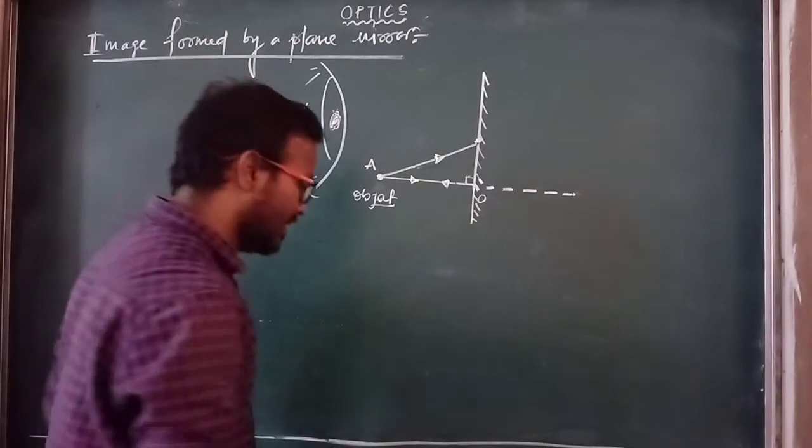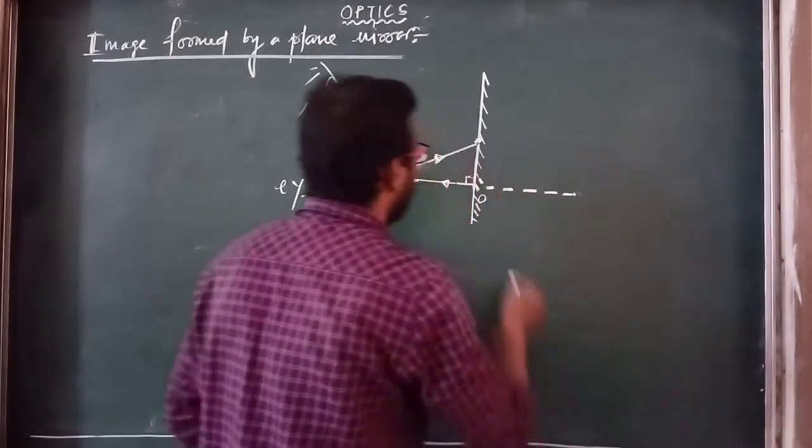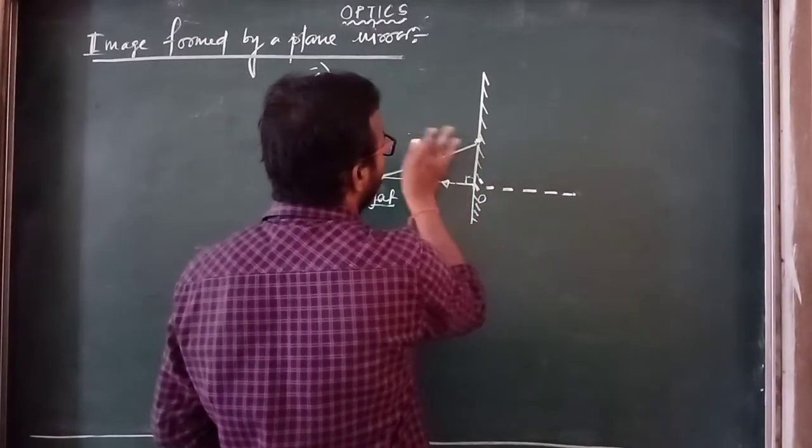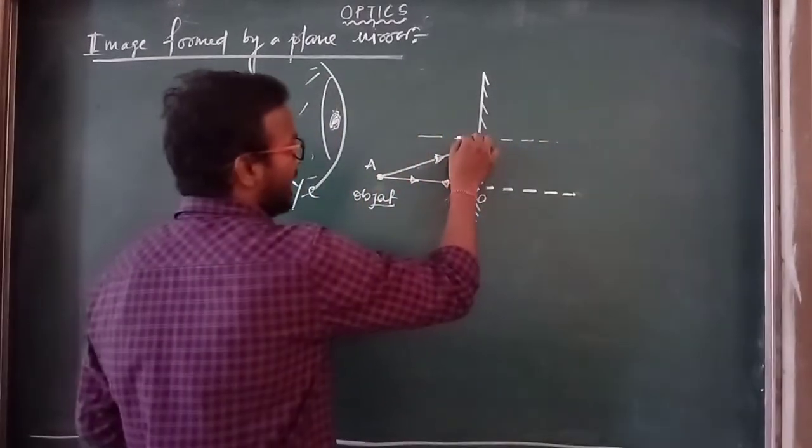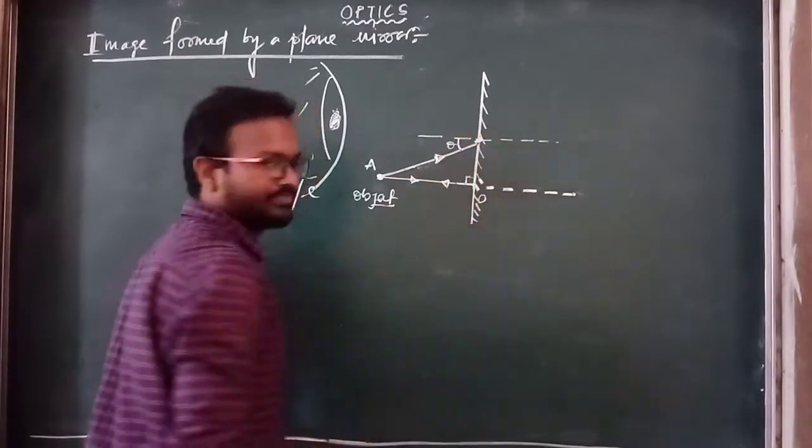This is the incident ray, but here we have to draw a normal, and this is the normal, and this is the angle of incidence. Suppose this angle is theta.